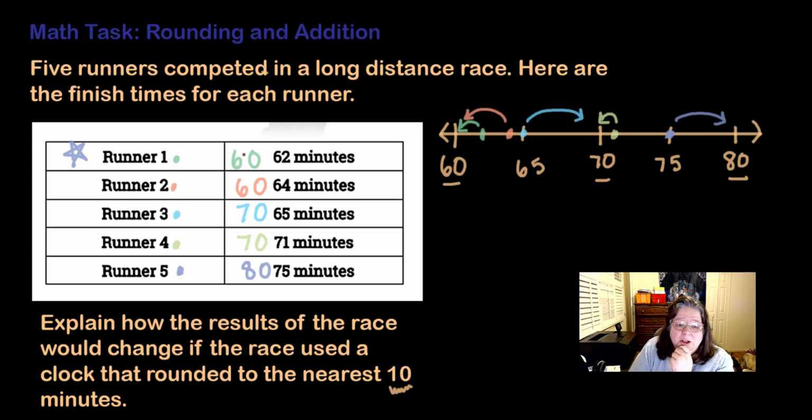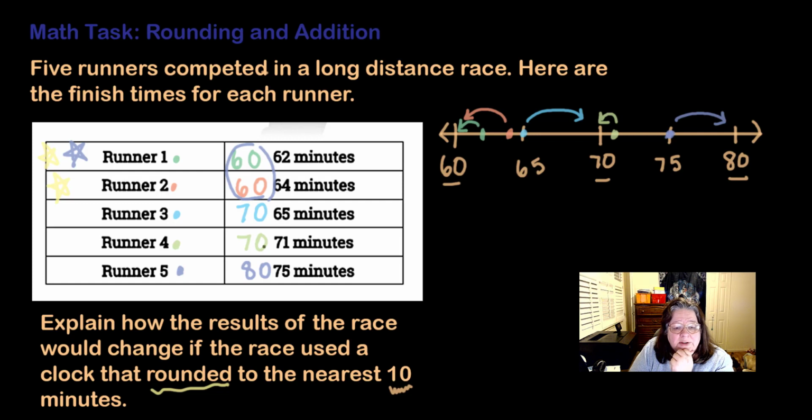Well, there would be 2 because these two both have 60. So there would be 2 winners. Number 1 would be a winner and number 2 would be a winner if we were using a clock that rounded. So we'd have a tie for first.